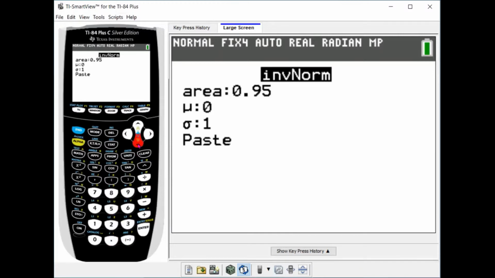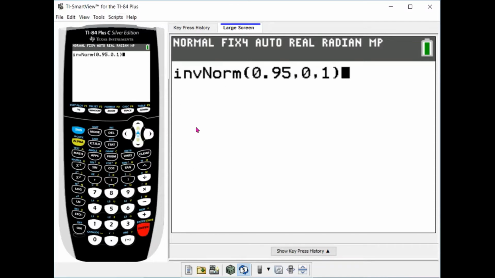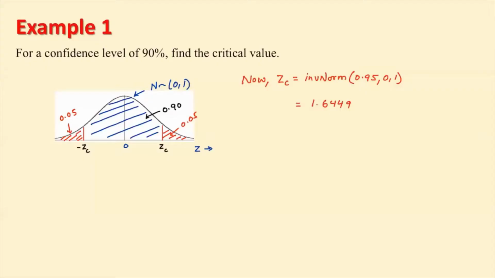Mean is 0, standard deviation is 1. If you paste this, you'll see the same thing you have written on your paper. When you hit enter, you'll get the critical value of 1.6449. That is the z critical. So for the 90% confidence level, the critical value is 1.6449.